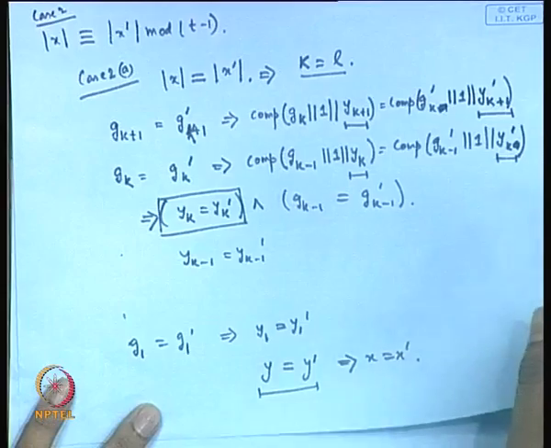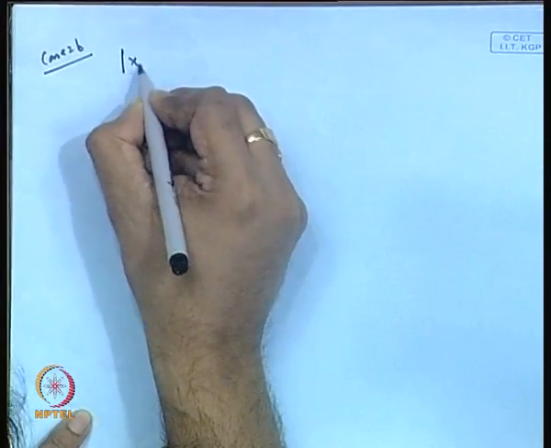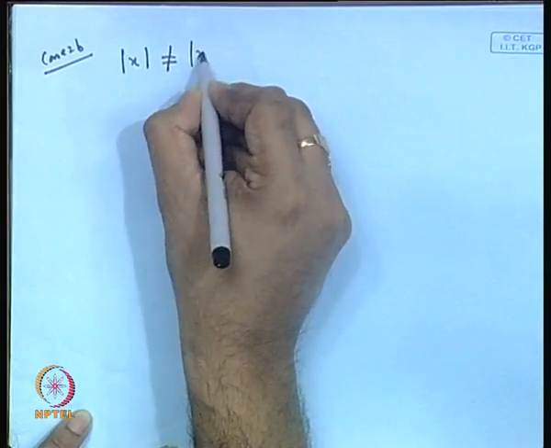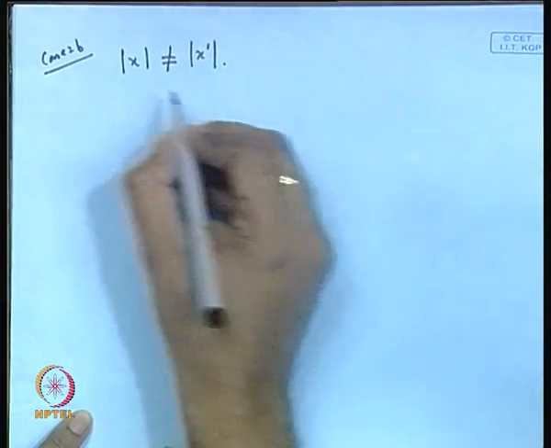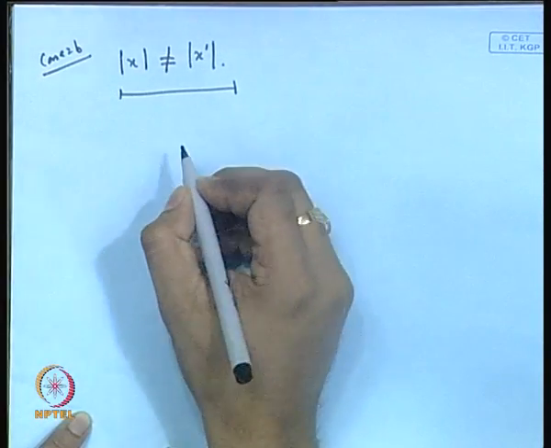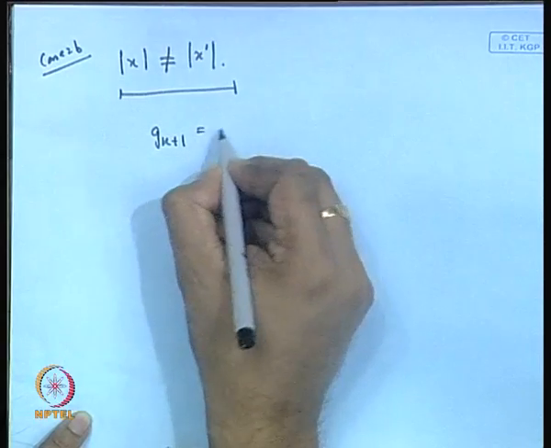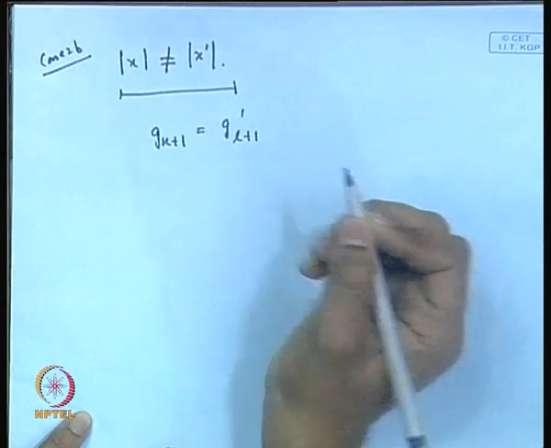So what about the other case which you have? The other part, case 2b, is mod of x is not equal to mod of x dash. Okay, so this proof is actually quite similar to case 2a, except for the fact that you have got g of k plus 1 equal to g of l plus 1 dash, right?